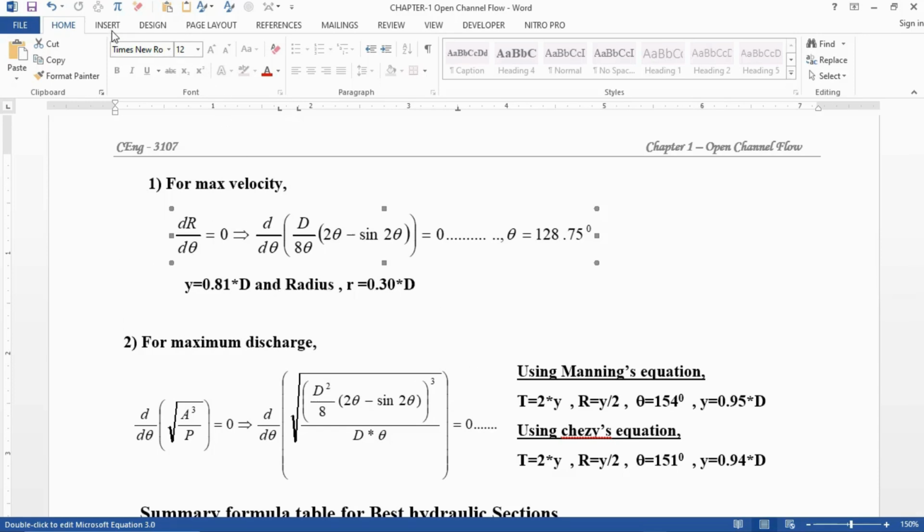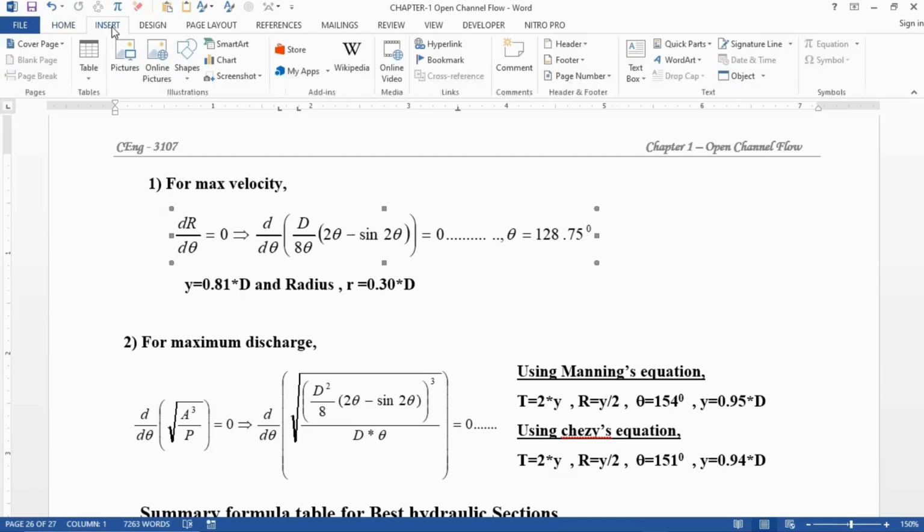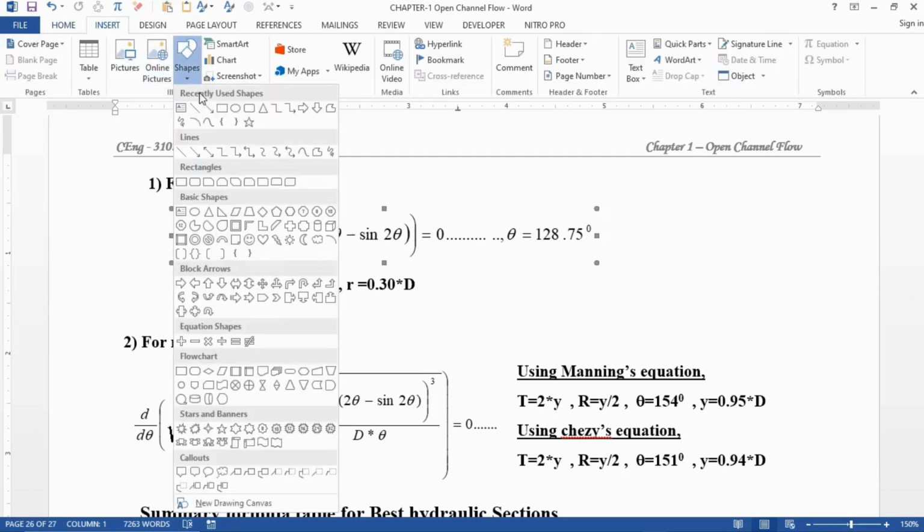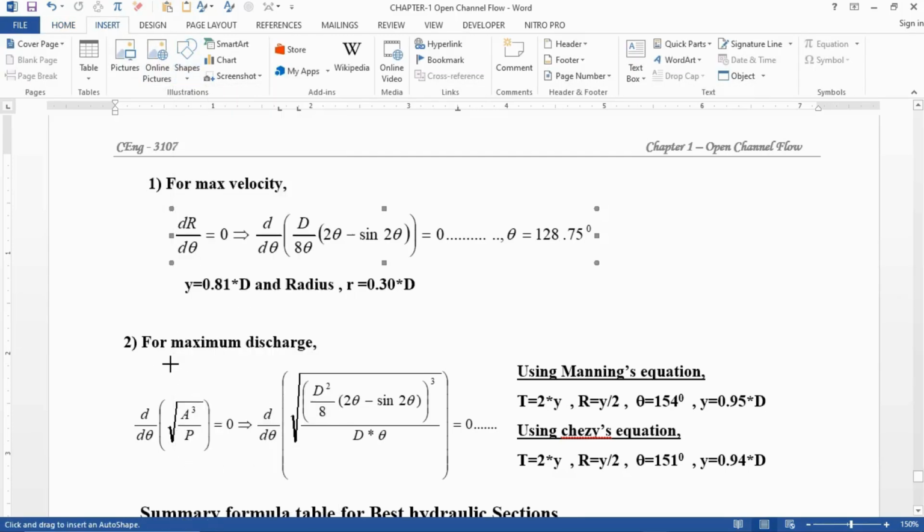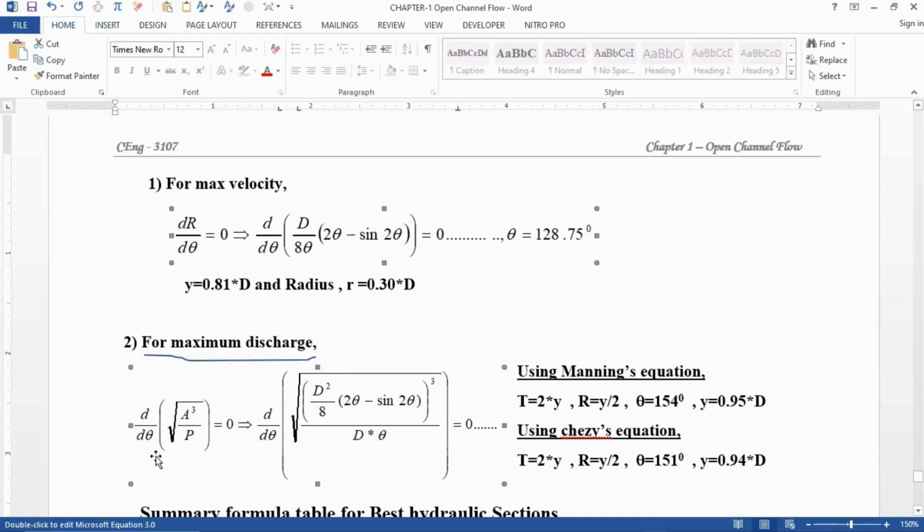For maximum discharge, we can follow the same approach. Again, we have this equation, d with respect to d theta, of the square root of A cubed divided by P, which is this one.